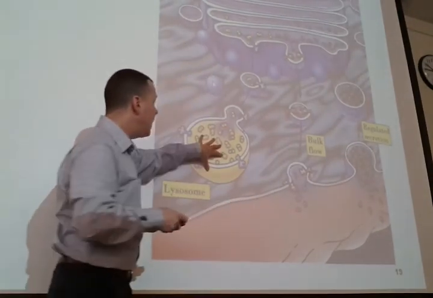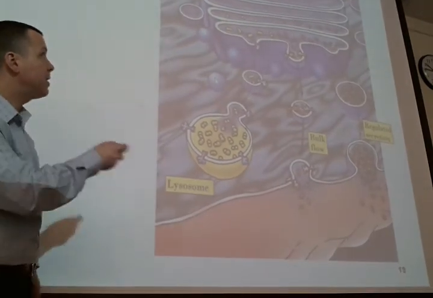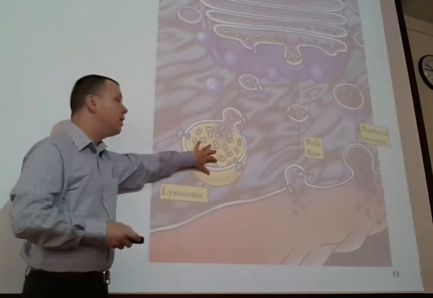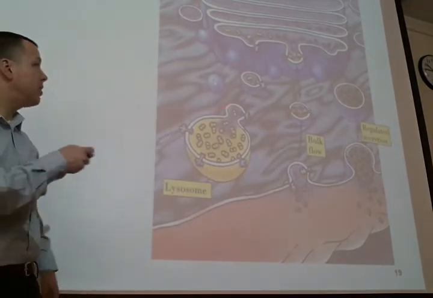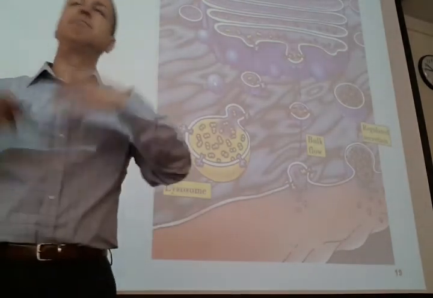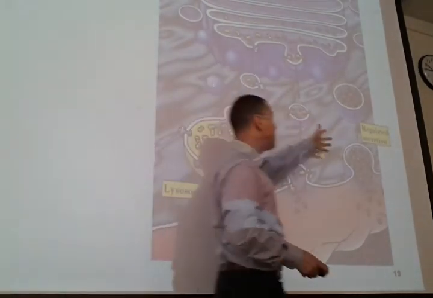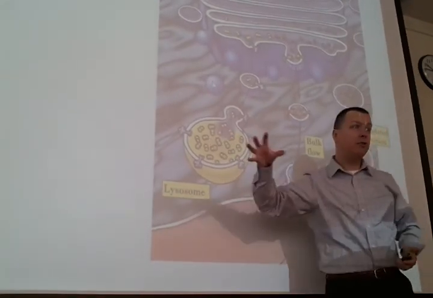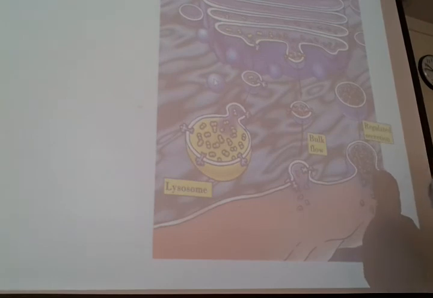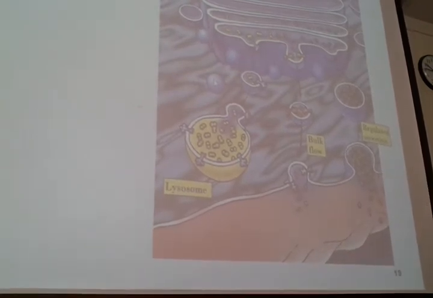And then the third major destination for things coming off the trans-Golgi are lysosomal enzymes being put into vesicles called lysosomes. Naturally, that's going to have its own separate kind of signal, separate from the regulated secretion idea, because lysosomal stuff is not secreted, but it needs to be gathered up and put into that little package, that little vesicle that we call a lysosome.